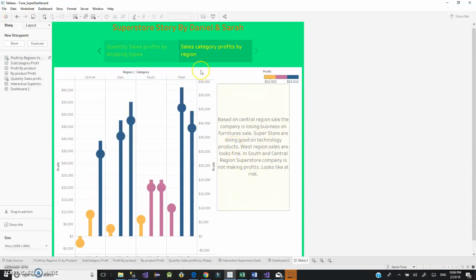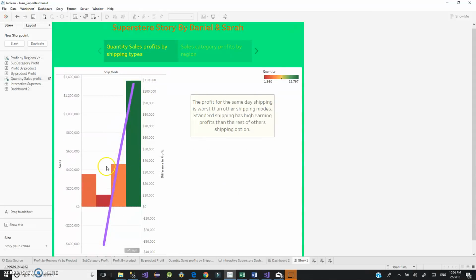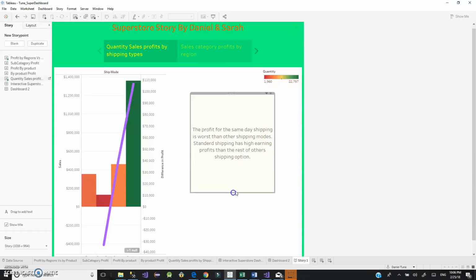I wrote up here, and here is another section. Here's the same thing I did up here. Looks good.